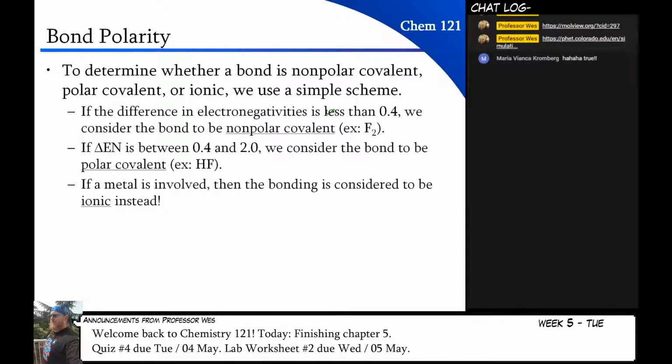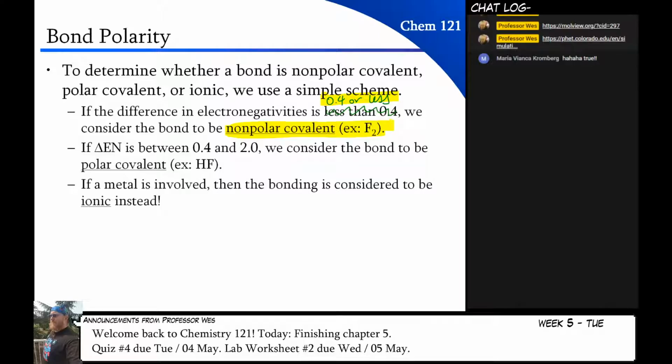So we're going to go 0.4 or less, because I want to include 0.4. There's a particular bond that I'm thinking of that we categorize as nonpolar. All right. So if we look at the difference in electronegativity and we get this number, 0.4 or less, we're going to call it nonpolar.